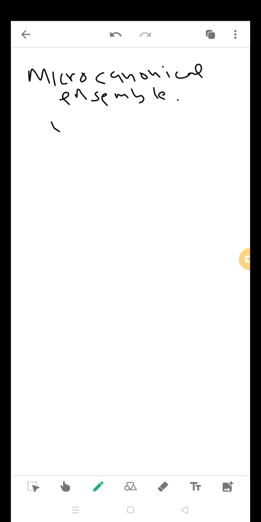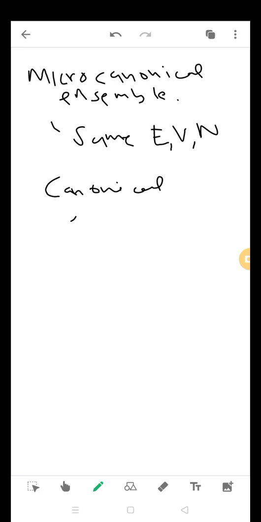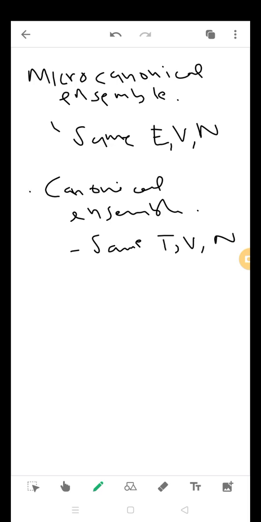So they are characterized by same energy, volume, and number of particles. Whereas a canonical ensemble has same temperature, volume, and number of particles.